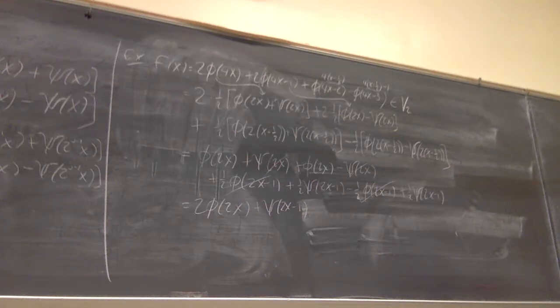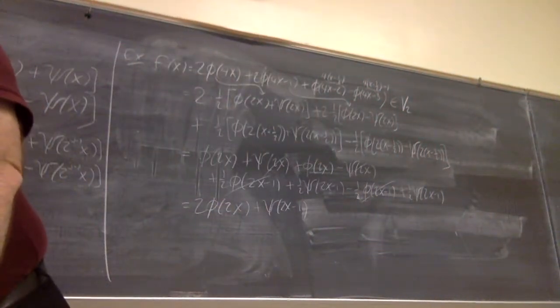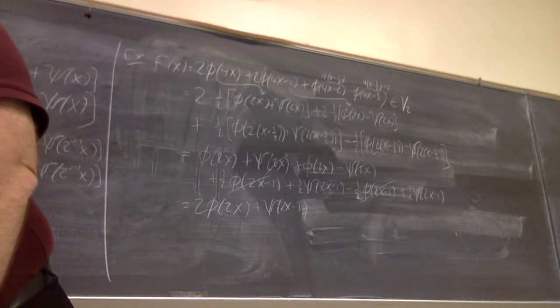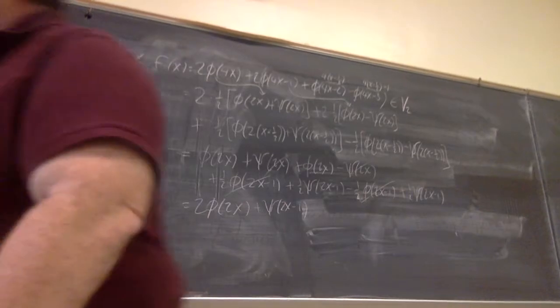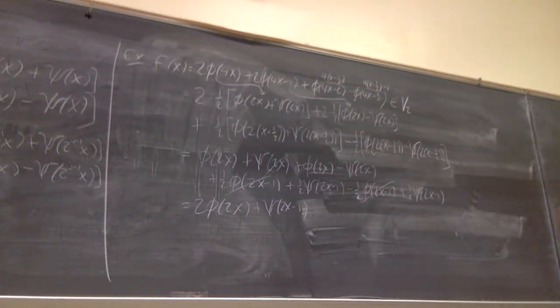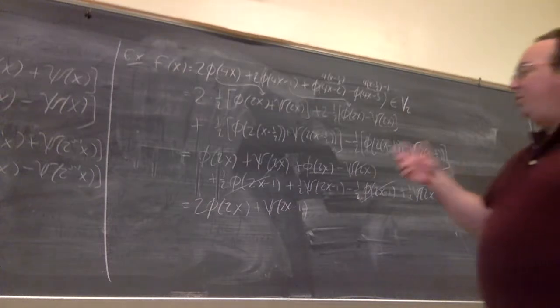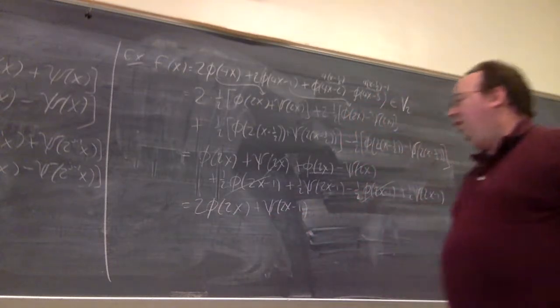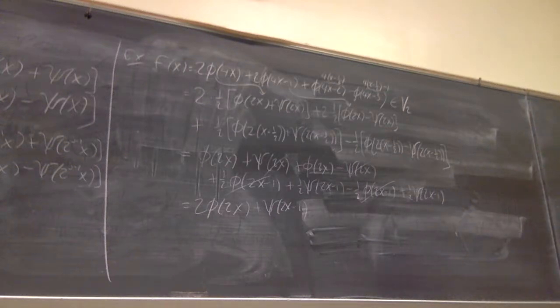Now, notice I started with functions that were sums of terms involving phi of 4x, 4x minus 1, 4x minus 2. Now, using these equations, I'm up at this scale, all involving 2x, 2x minus 1. And also not just the scaling function, also the wavelet, so the details coming from a wavelet.